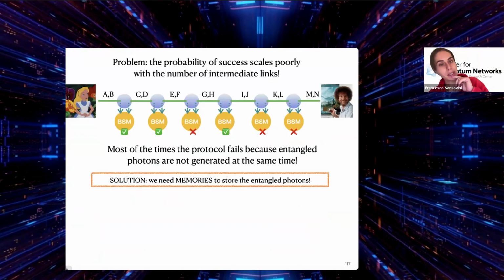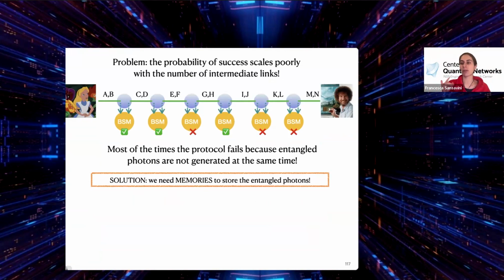Now, the problem here is that the probability of success of all of this chain of joint measurements doesn't scale very well if we have a lot of intermediate links. For example, the protocol in many cases will fail because these entangled photons are not generated at the same time.